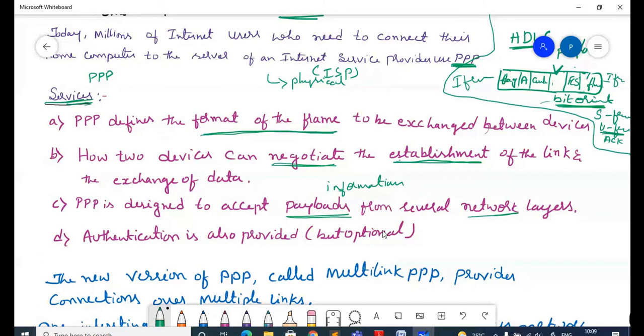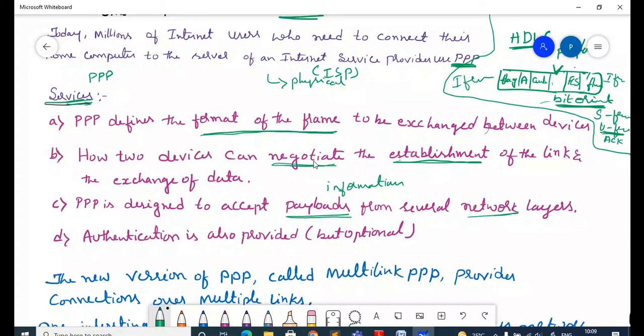If both the parties are interested, they can go for authentication and use it. Otherwise, during negotiation, before the establishment of the link, if they are not interested in authentication, they can just ignore the authentication step and proceed to the further steps to transfer the data.